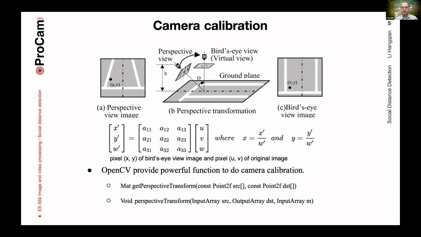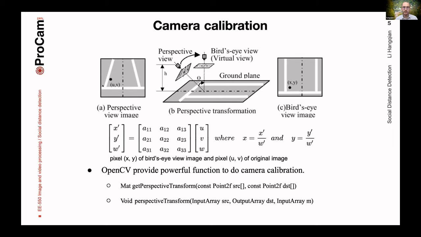When parking, these two lines should be parallel with each other, but in the perspective view image these two lines are not parallel. So we need to transform the perspective view image to the bird view image, which looks from the top to the bottom. And so we need to calculate a transformation matrix to do this transformation.